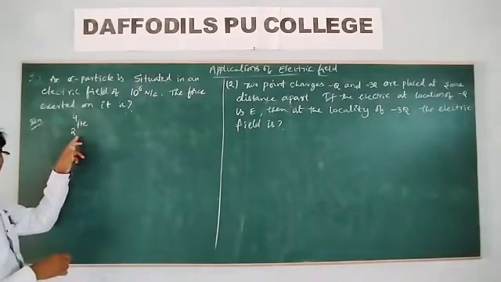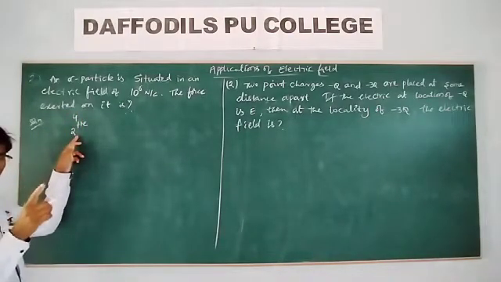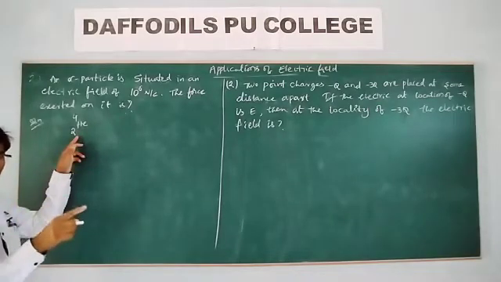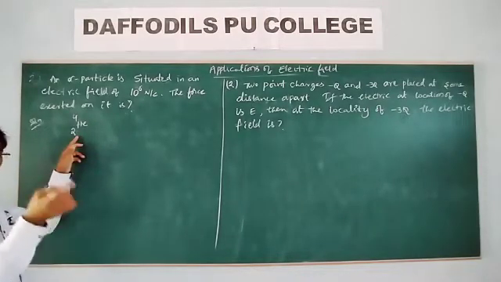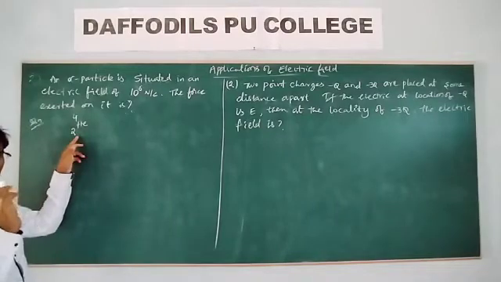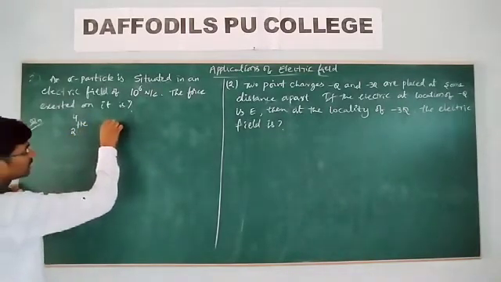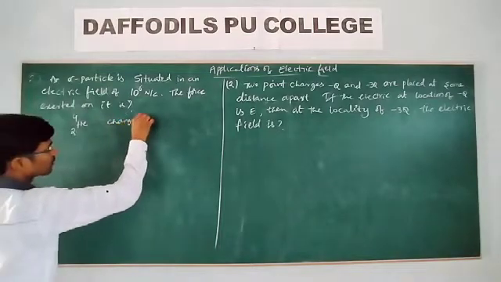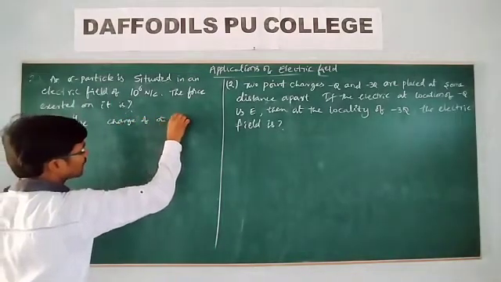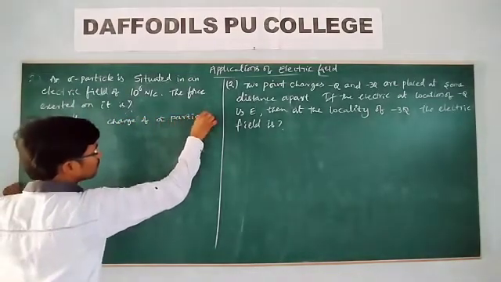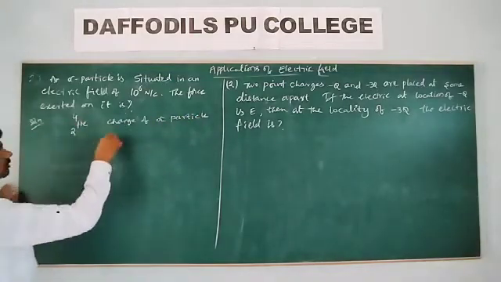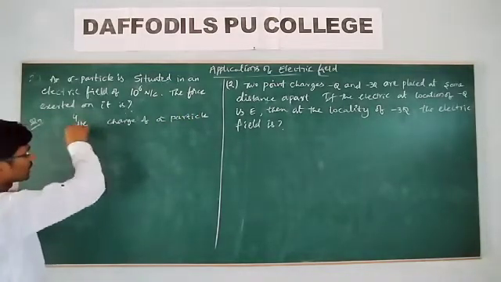2 represents what? Inside the nucleus we have 2 protons and 2 neutrons, and around that nucleus 2 electrons are available. Is it okay? Then what is the charge of the alpha particle? The nucleus of an alpha particle, the helium nucleus, is nothing but the alpha particle.